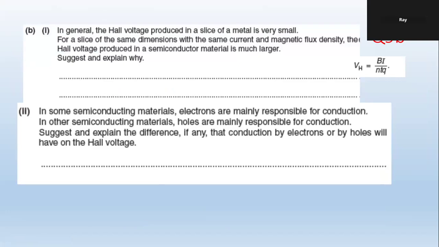In general, the Hall voltage produced in a slice of metal is very small. For a slice of the same dimension with the same current and magnetic flux density, the Hall voltage produced in a semiconductor is much larger. Suggest and explain why. They give you the formula, they expect you to reason it from the formula.